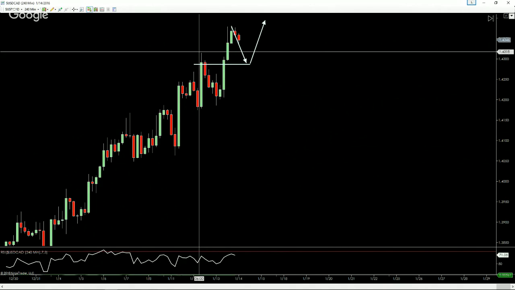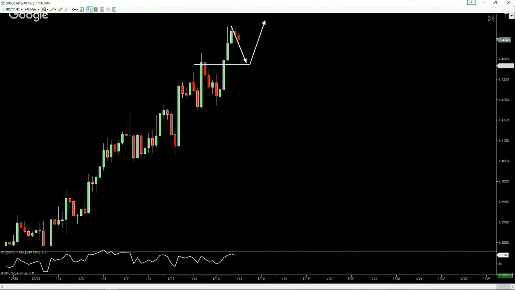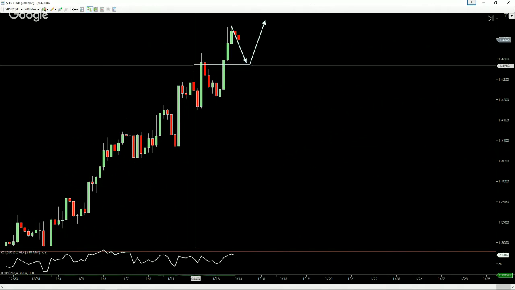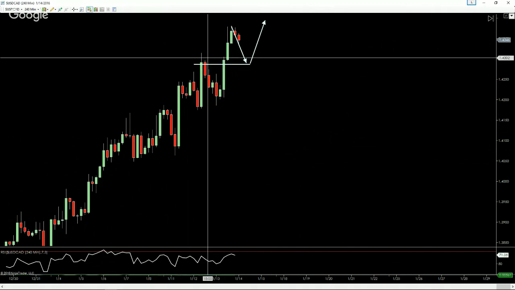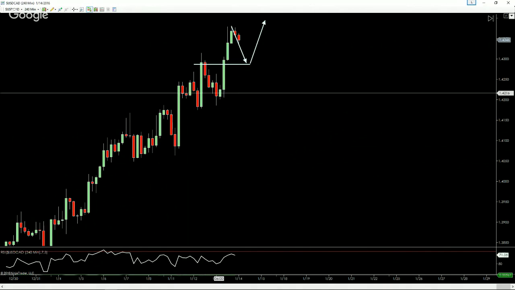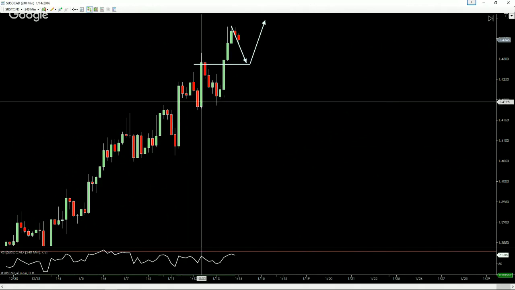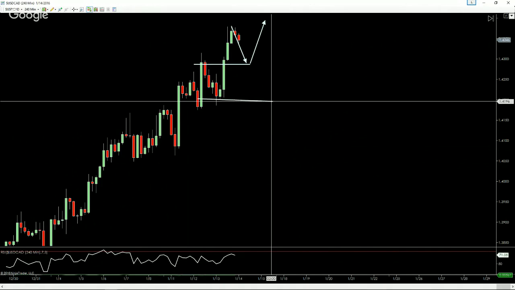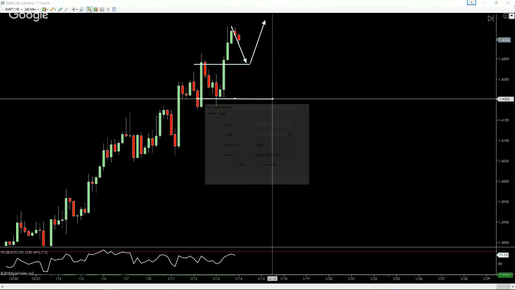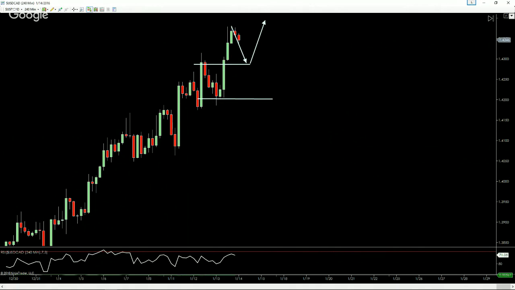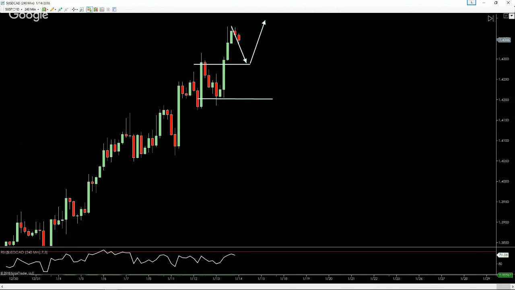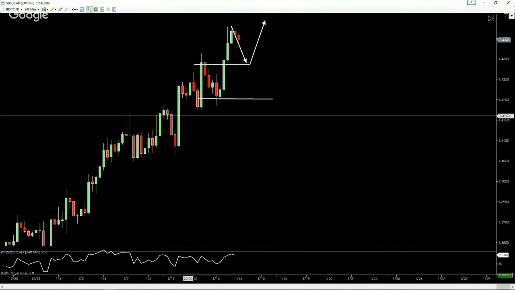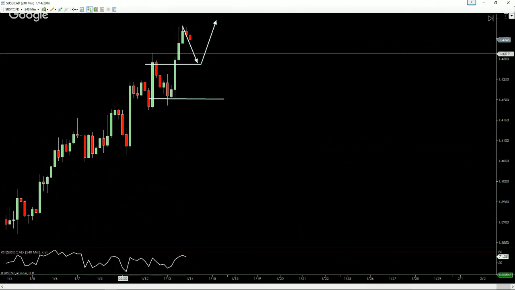Now, if that is something that you do, which is a trend continuation trade, you do have this zone right here, and until this low is violated, you shouldn't be anticipating any change or shift in trend.